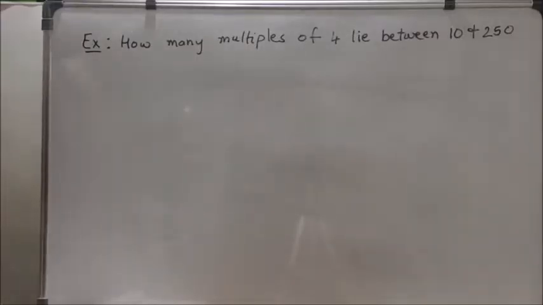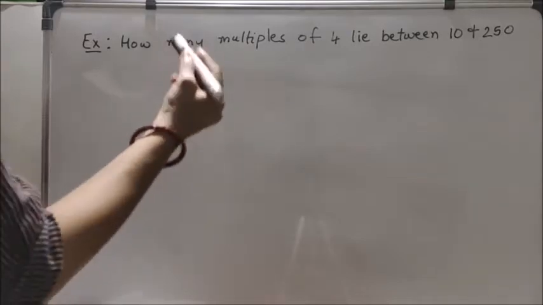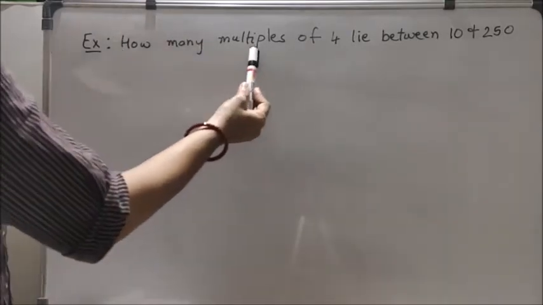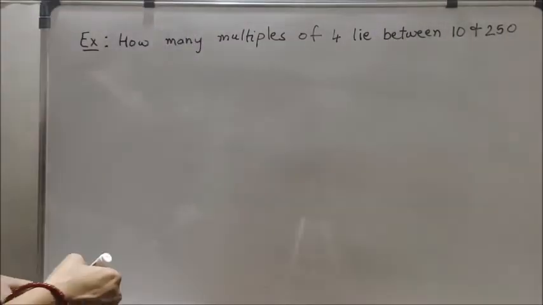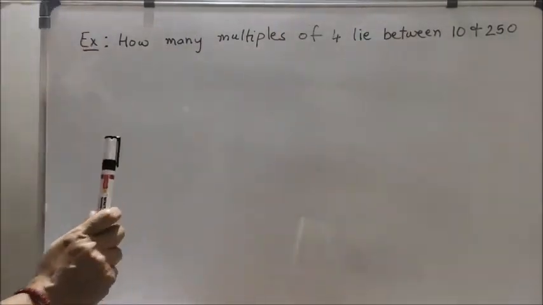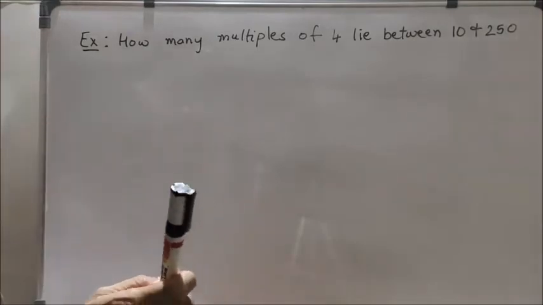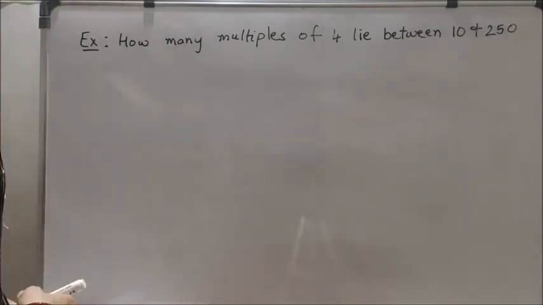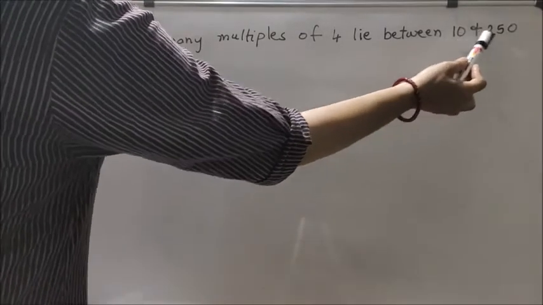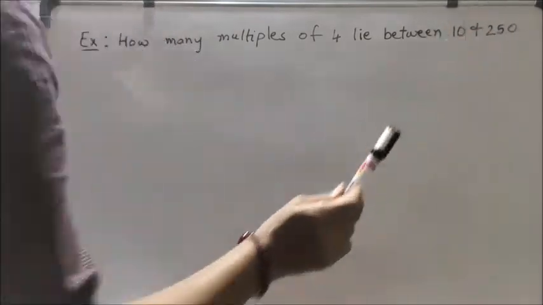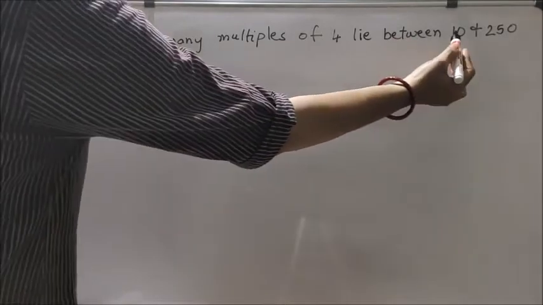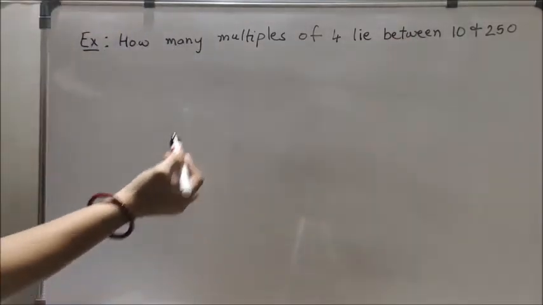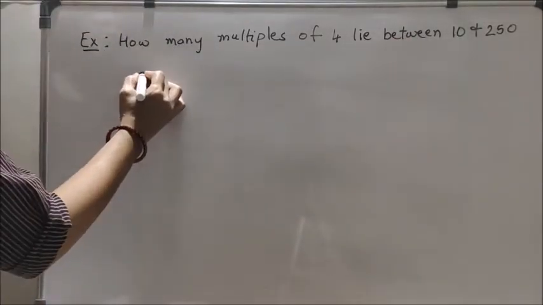Now let us take an example. The question says, how many multiples of 4 lie between 10 and 250? So you have to find the number of multiples. That means you have to find the value of n. But before that, between 10 and 250, 10 and 250 both are not multiples of 4. So first you will write after 10, the multiple just after 10, it is 12.